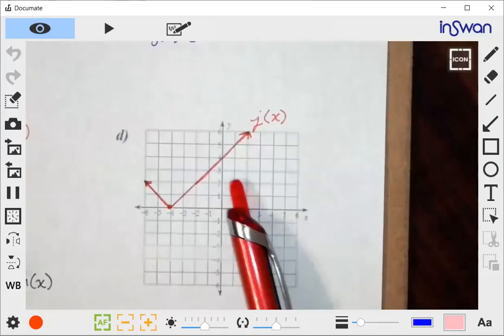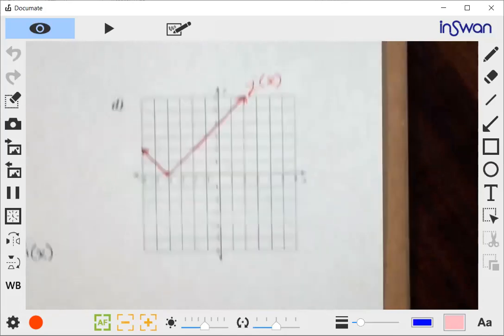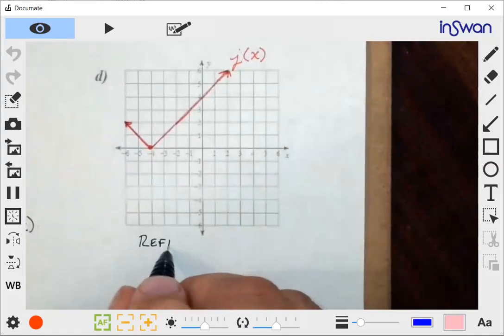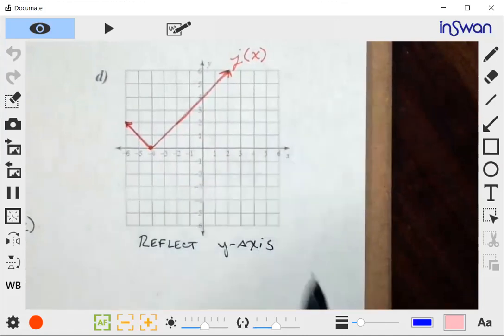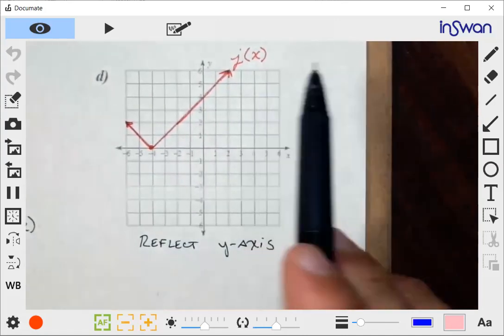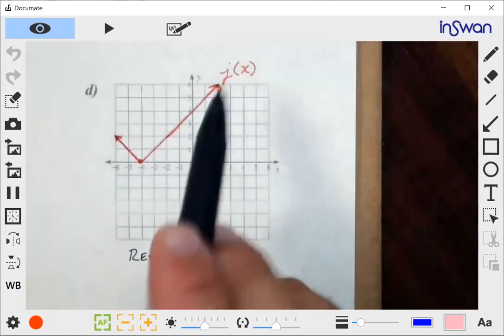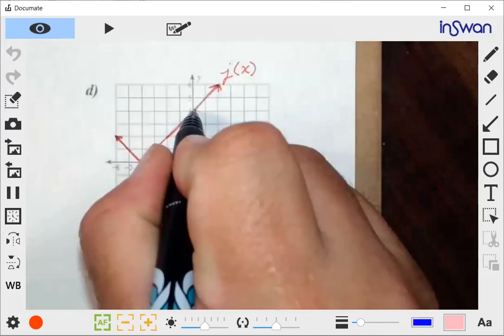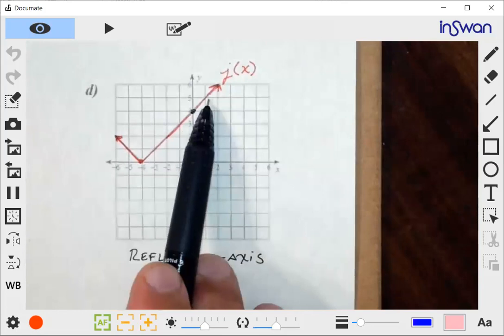So let's say that we had this other function j of x, and we wanted to take this function and reflect in the y-axis, right? Well, if we're going to reflect this function in the y-axis, what we need to do is find points, right? And if a point's on the y-axis, it's going to stay on the y-axis, but find points and find their mirror image across the y-axis, right?